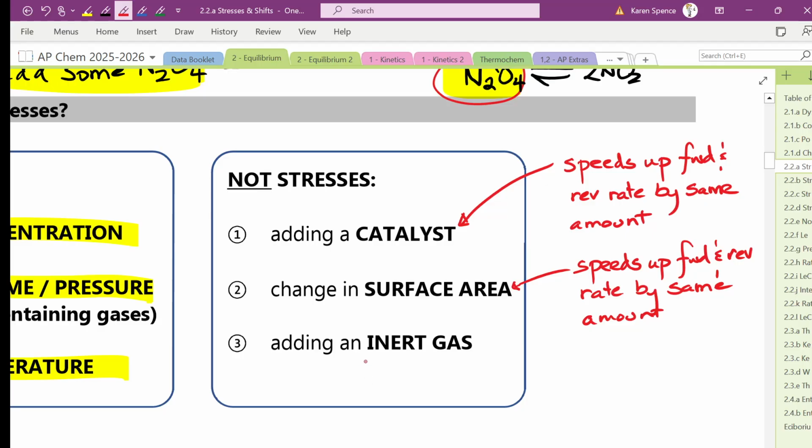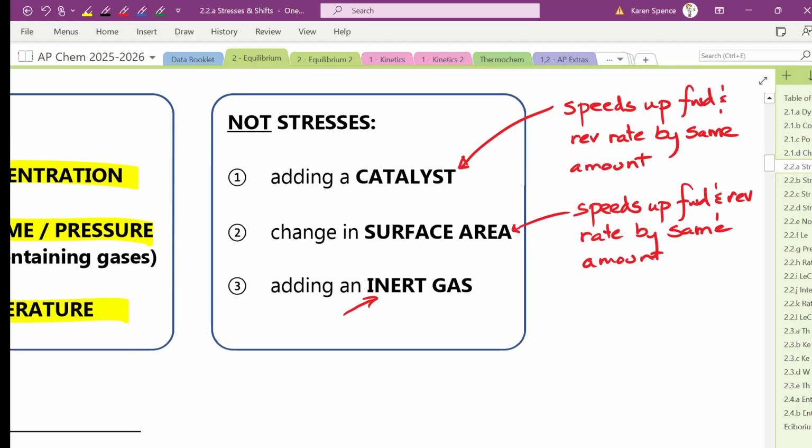And adding an inert gas increases pressure, but it doesn't change the concentrations of the reacting gases, so it doesn't affect the rate.